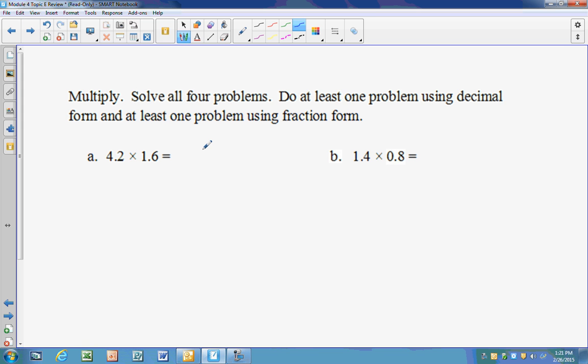Next, it says to multiply to solve all 4 problems. Do at least one problem using decimal form and one problem using fraction form. Once again, I'm going to require you to solve them both ways. So here's 4 2/10 times 1 6/10. And I have to convert these into improper fractions to make them easier to work with.